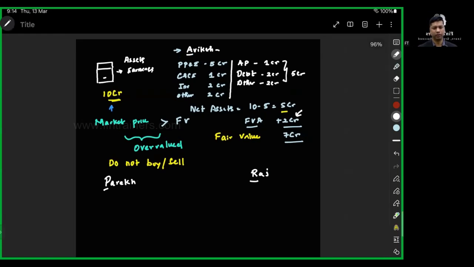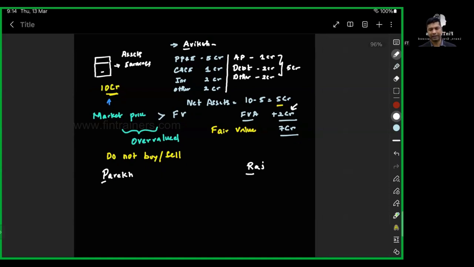Raj says, okay, you have a lot of balance sheet assets. I'm not very good at it. Let me just ask around and see what is the recent transaction for a similar business. Whatever this business is, let's say this is a retail shop, similar business, what was it sold for recently?